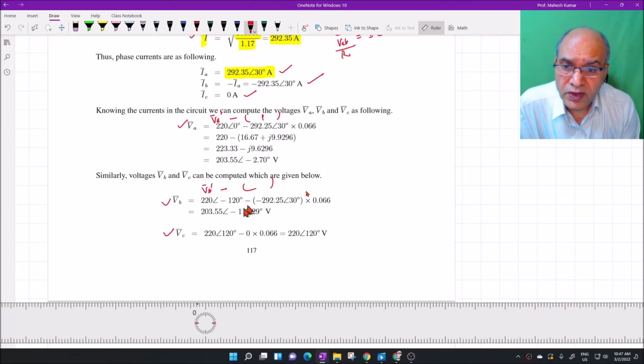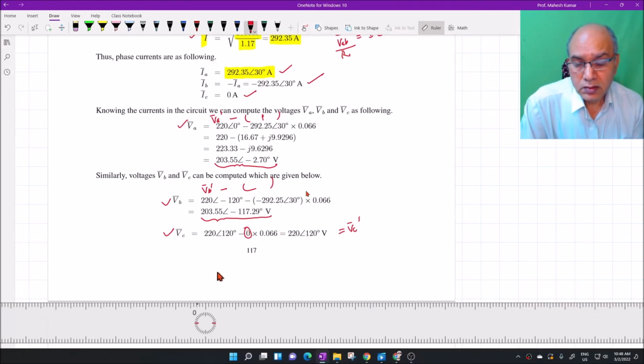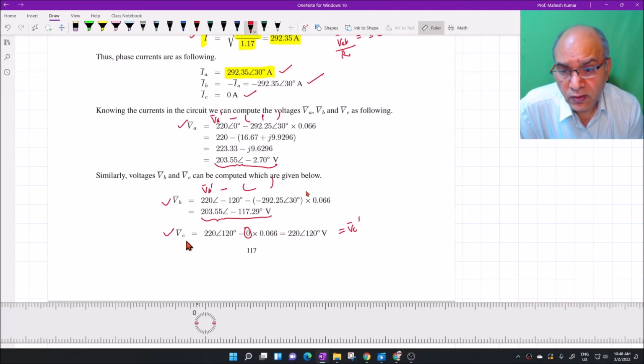So this comes out to be 203.55 angle of minus 117.29, and this is 203.55 angle of minus 2.7. VC is same as VC dash because there is no current. The current is 0. Therefore, VC is same as VC dash.